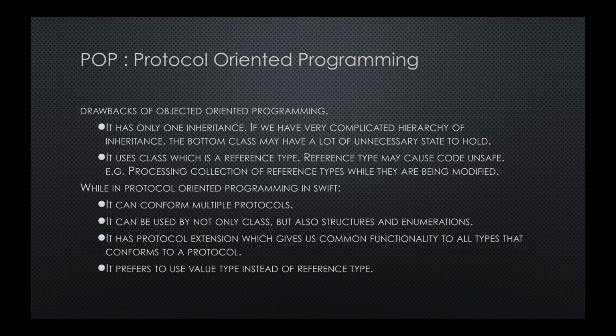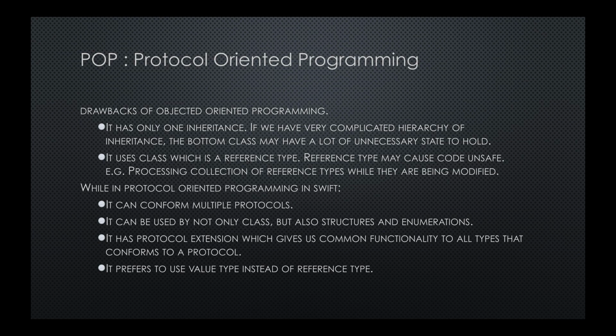And then also object oriented programming is mostly reference type. It uses classes, which are reference types, and reference types may cause code to be unsafe. For example, processing a collection of reference types while they are being modified. So the drawback with object oriented programming is it uses reference types, which can lead to performance issues.